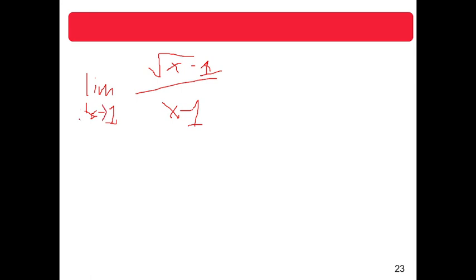Alright, so what would be the value if you substitute it? What do you think? If you directly substitute it, it will become square root of 1 minus 1 all over 1 minus 1.